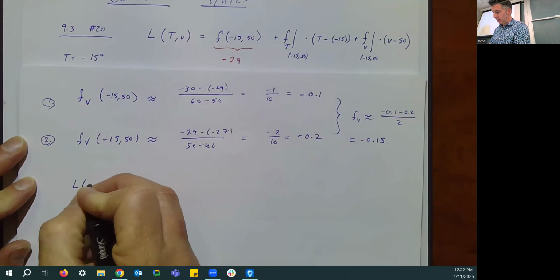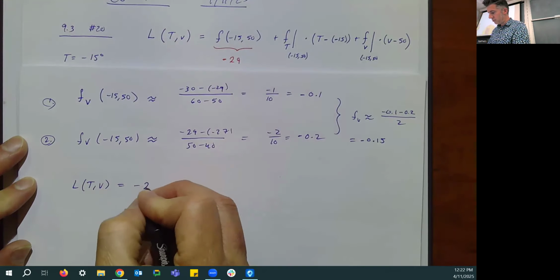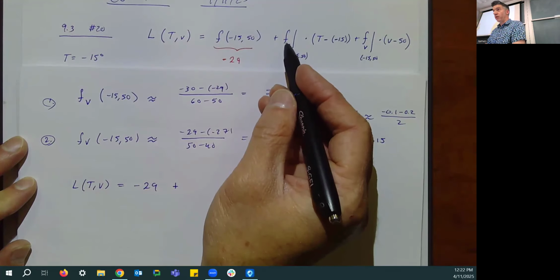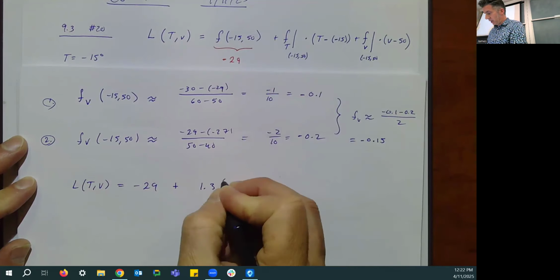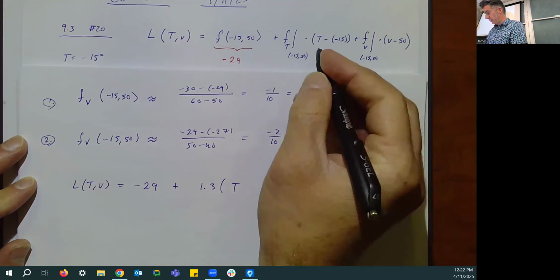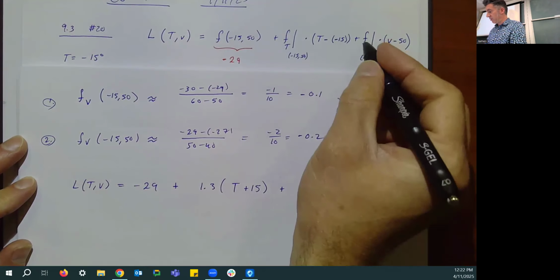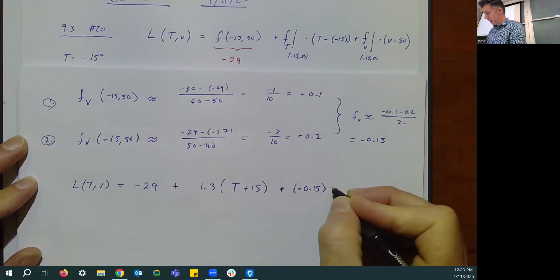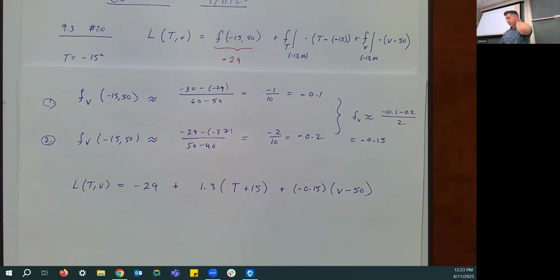So my linearization at t comma v is going to equal negative 29 plus my partial with respect to t, which was 1.3 after we averaged those two numbers together, times the temperature minus 15, plus the partial with respect to v, which is negative 0.15, well, that's our estimate of it anyway, times the velocity minus 50. There's our linearization.